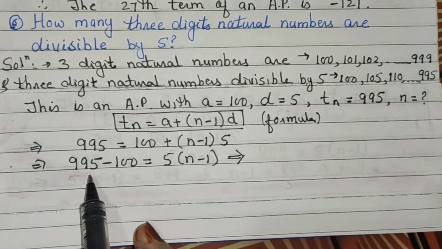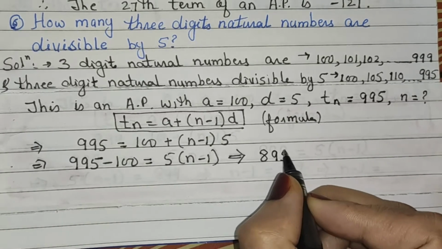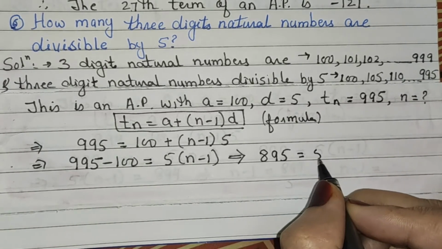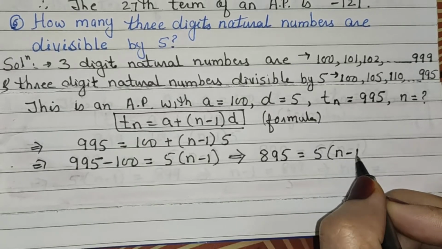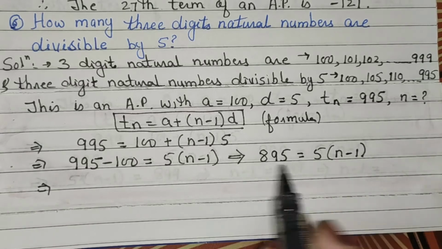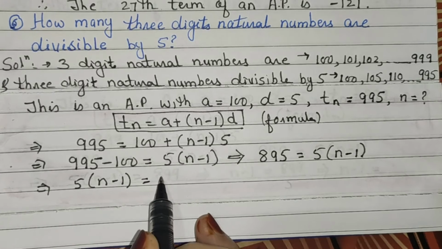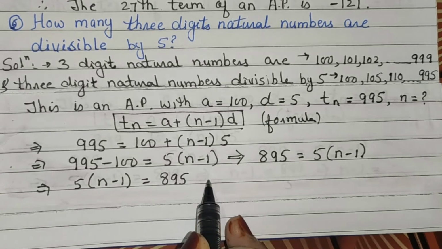Now 995 minus 100, we get 895 is equal to 5 into n minus 1. Now it can be written as 5 into n minus 1 is equal to 895.